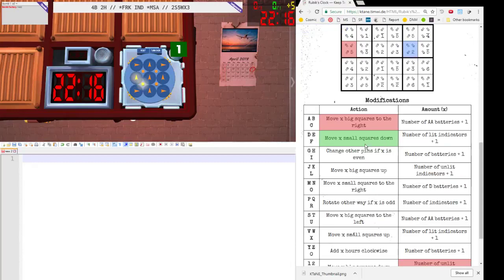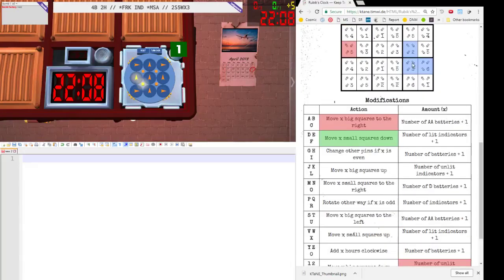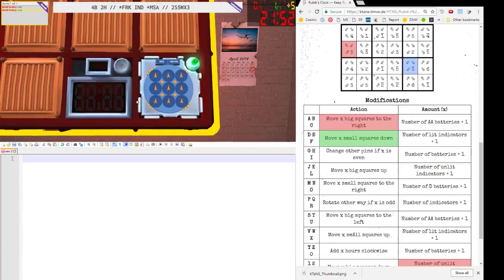And then move x small squares down, where x is the number of D batteries plus 1. We have no D batteries, so that's just 1. So we're moving 1 small square down to here. That gives us bottom left, bottom right. Bottom left counterclockwise 3 times, and notice that will finish us up.